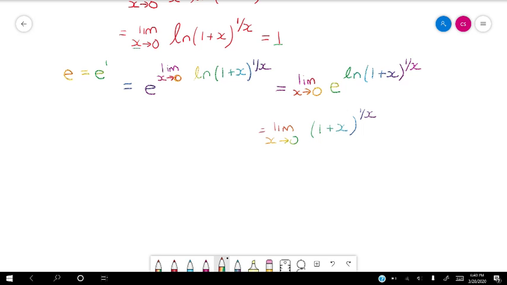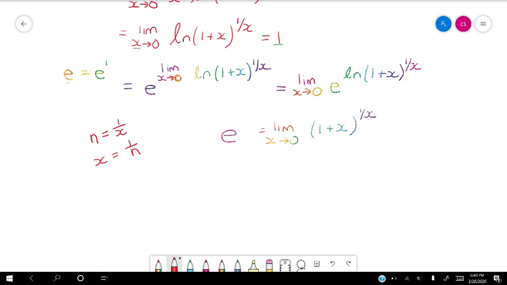Okay, and remember we started at e. So we're almost there. The last thing we're going to do is make a substitution for 1 over x. We're going to say that 1 over x is n. And if 1 over x is n, then let's rearrange this, kind of a cross multiply. Then x is equal to 1 over n.